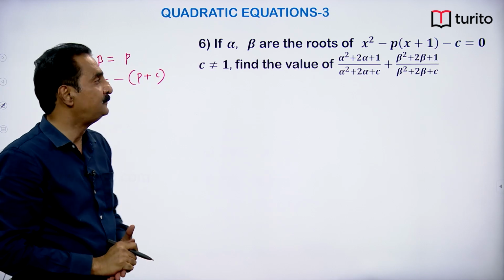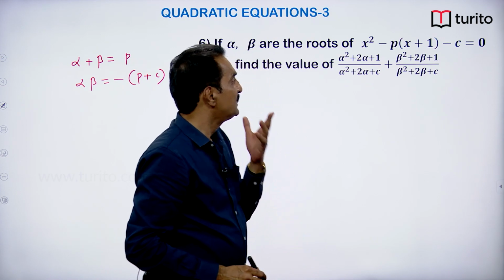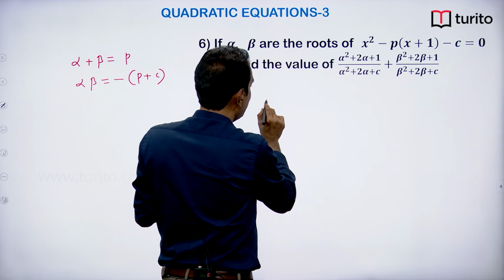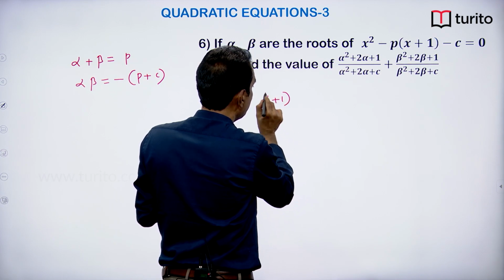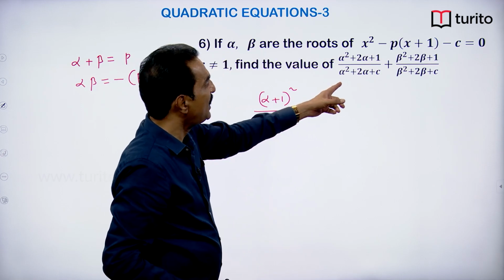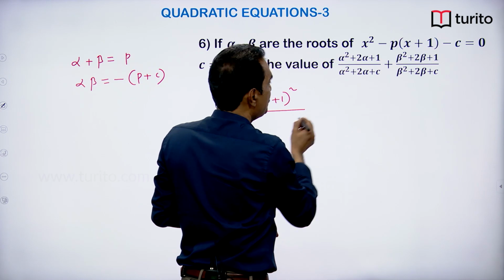Okay, now I want to find this value. Now you can observe that numerator is alpha plus 1 whole square. If I want to write the denominator also as alpha plus 1 whole square, I have to add 1 and subtract 1.